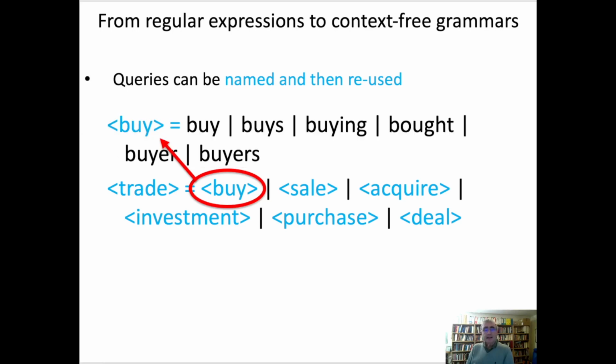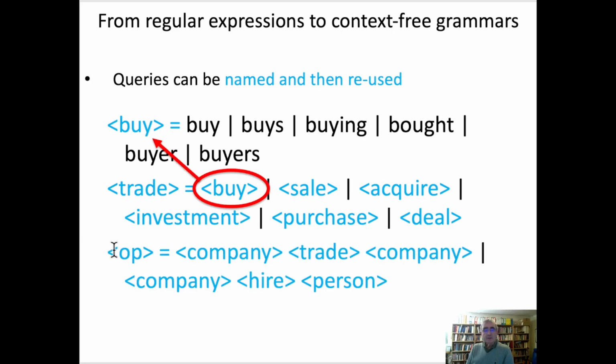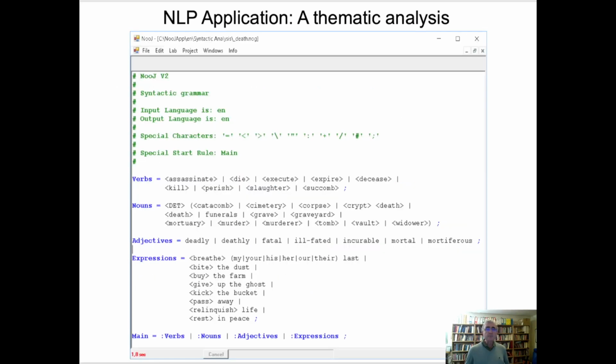For example, I can have another query, which I'm going to call it up, in which I will use trade, which is itself defined here, which itself uses the query buy, and I can do that as many times as I want.